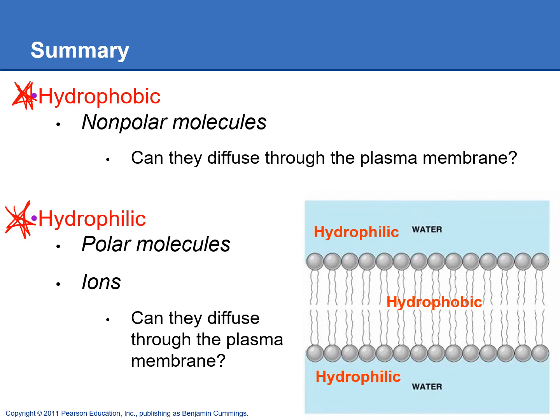So if you look at your plasma membrane, remember that the plasma membrane is made up of a phospholipid bilayer, and remember these phospholipids have these fatty acid tails sticking off the heads. And remember those fatty acid tails are hydrophobic. They don't like to be around the water, and so they will huddle in the middle and form this hydrophobic layer in the middle of the cell membrane, and that forms a barrier.